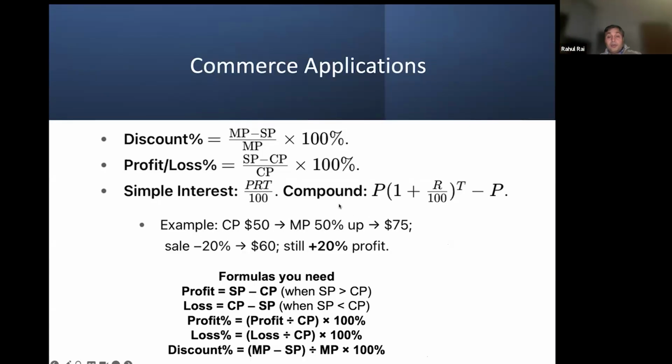You also probably know what happens in the compound interest case. The compound interest case is a complicated version of simple interest. Instead of having a fixed amount of interest, let's say we have $100.